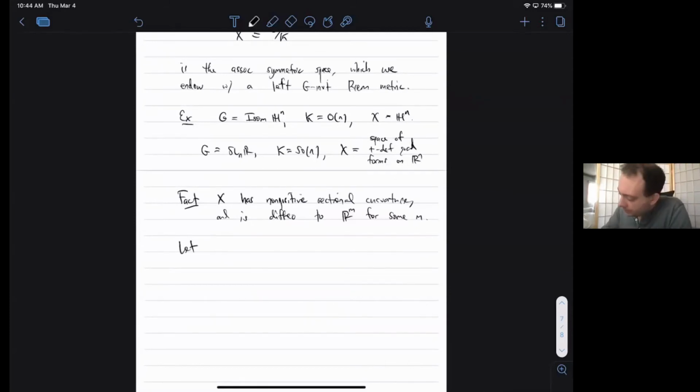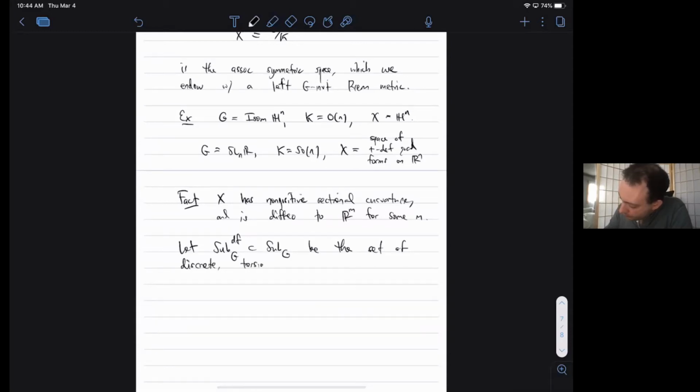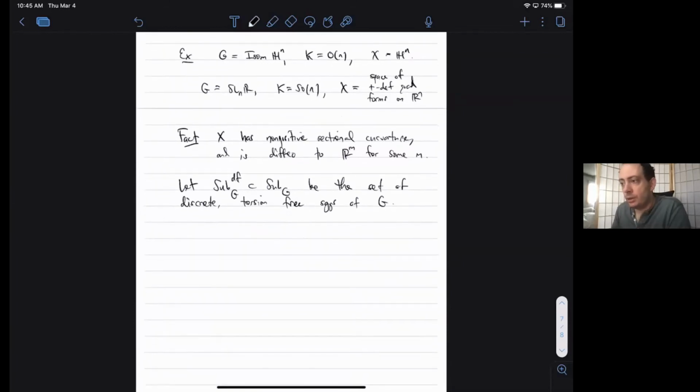I have a G now, so let the set of discrete torsion-free subgroups of G be sub G df.